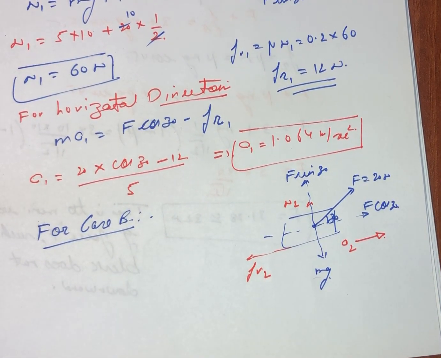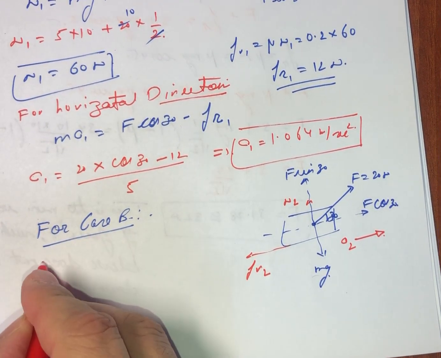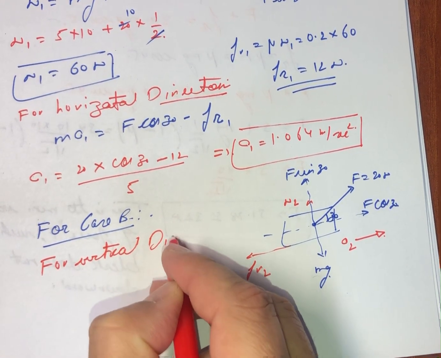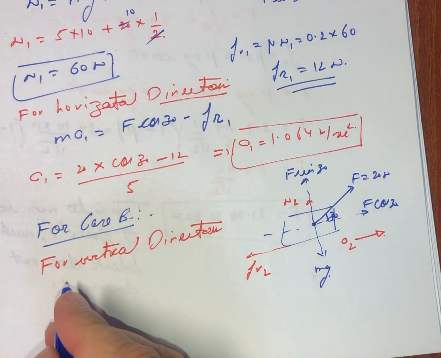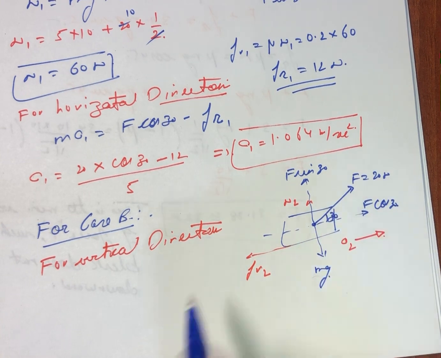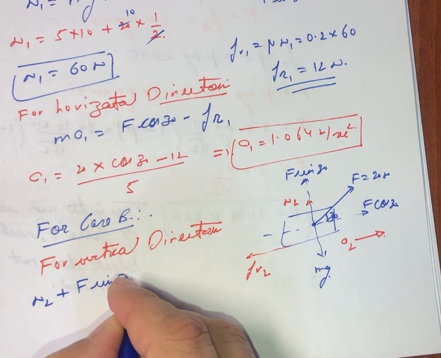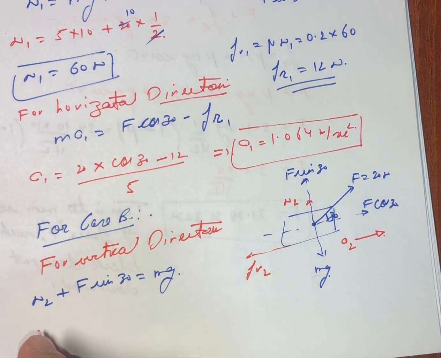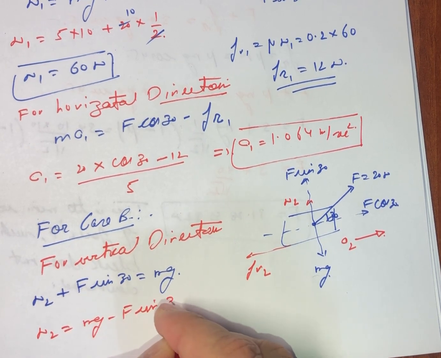So we can write once again for the vertical direction: downward is only one force, that is mg. Upward we have N2 and F sine theta. So N2 plus F sine of 30 is equal to mg, and from here N2 will be equal to mg minus F sine of 30.